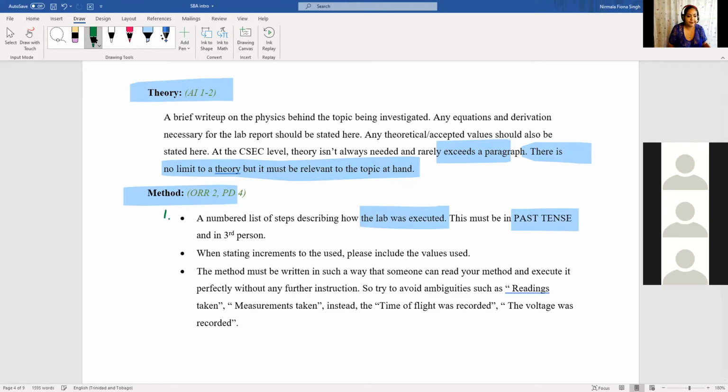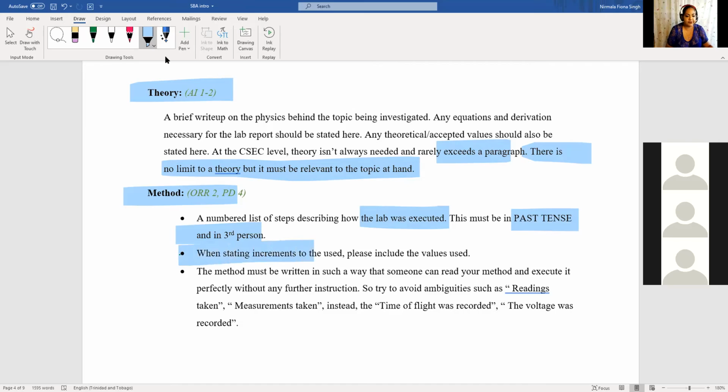Step 1, step 2, step 3, you're numbering your steps, and your method must be in past tense and in third person. Third person meaning you cannot refer to first and second person pronouns. So no I, me, he, she, we, they. Just the or it, because we are referring to how the lab was done. We're not talking about what you did. Speak about how the lab was done and report on how to do the lab.